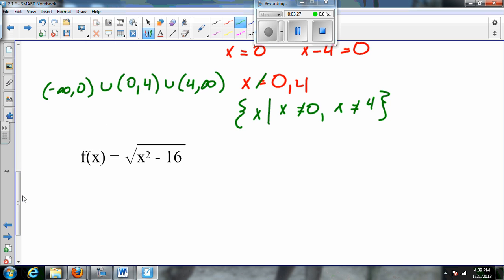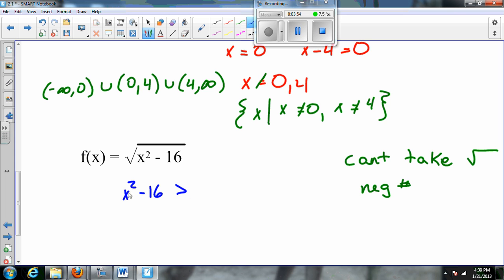For f of x equals the square root of x squared minus 16, we know that we cannot take the square root of a negative number. So we need to have whatever's inside the root greater than or equal to 0. So now it's an inequality.